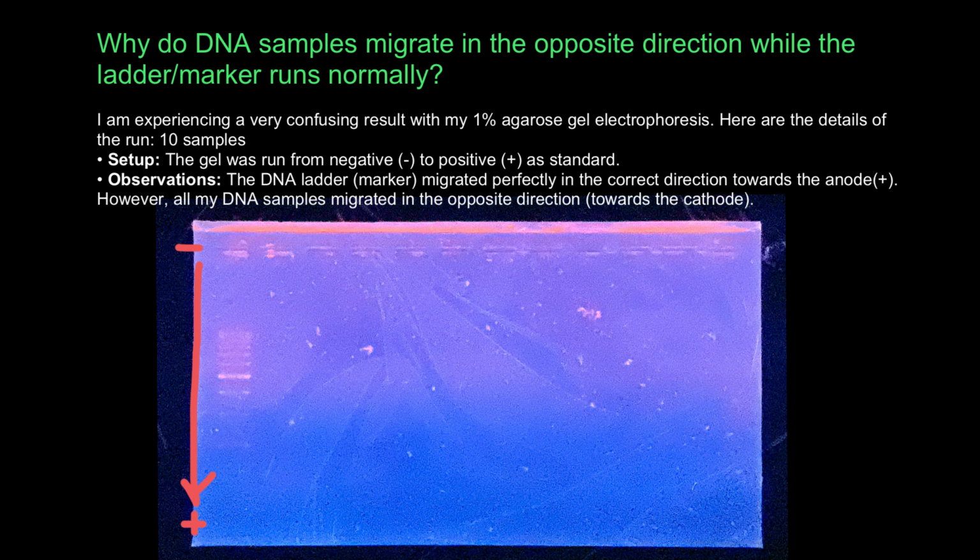The phenomenon of samples migrating in the opposite direction while the ladder runs normally is a sample-specific charge or physical transport issue. So the question is, can specific contaminants cause charge reversal?